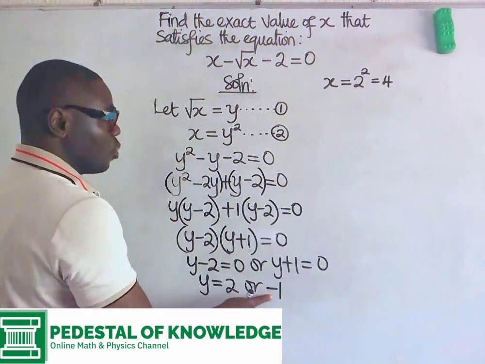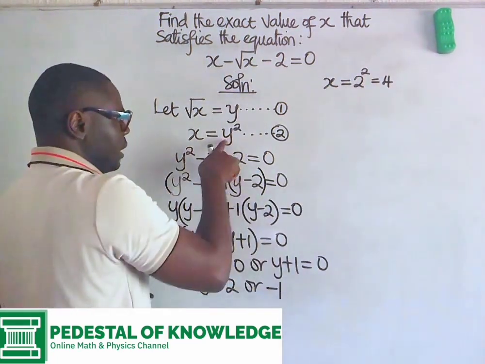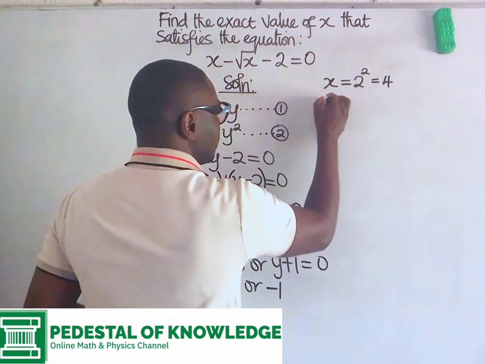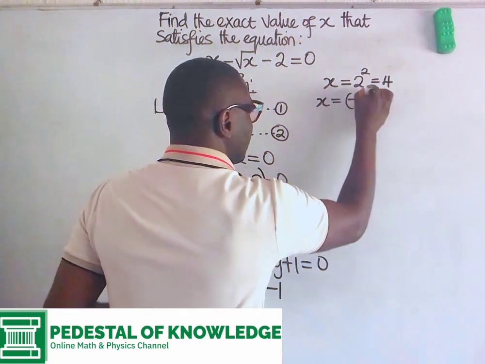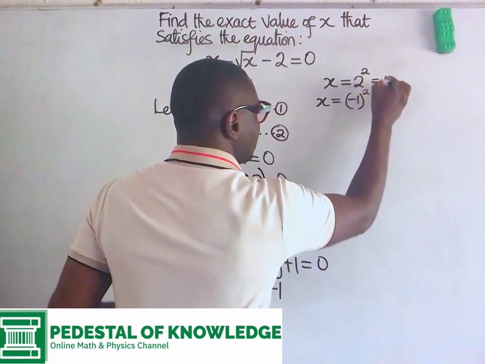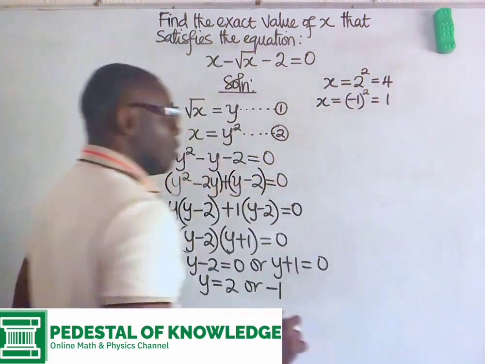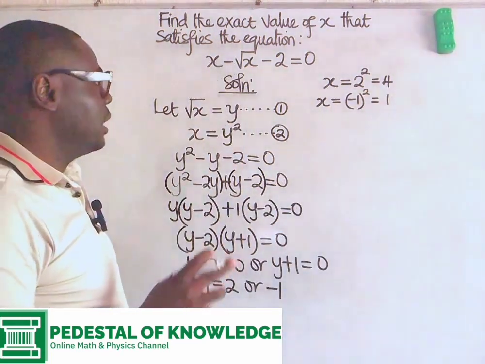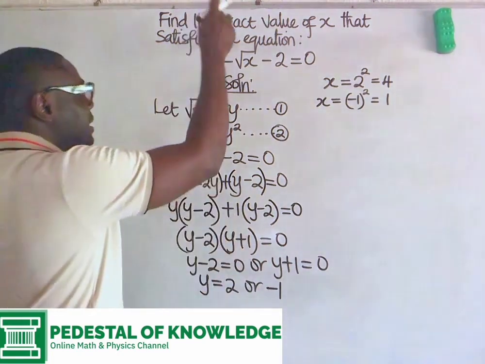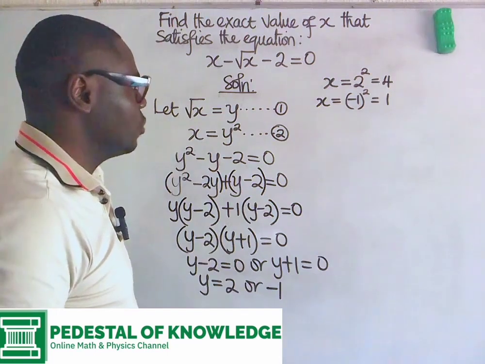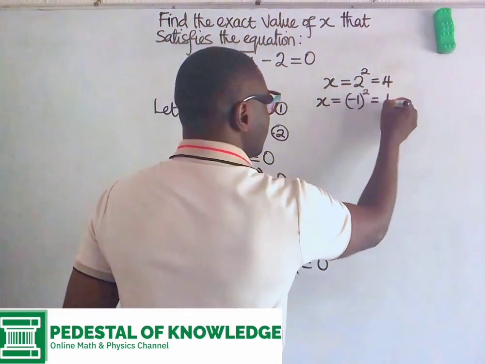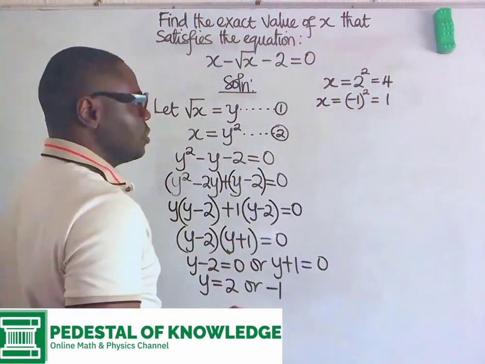Now, when y is minus 1, we put minus 1 here. It becomes x is equal to minus 1 squared, and minus 1 squared is equal to 1. Alright. Now, remember the question says, find the exact value of x that satisfies the equation. Now, let us test which of these values satisfy that equation.